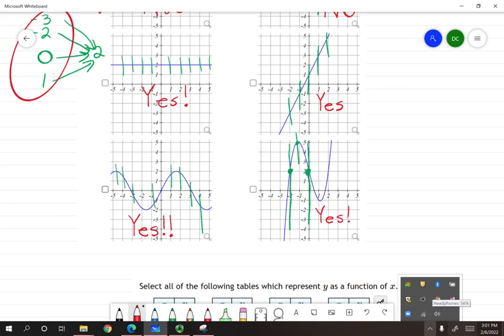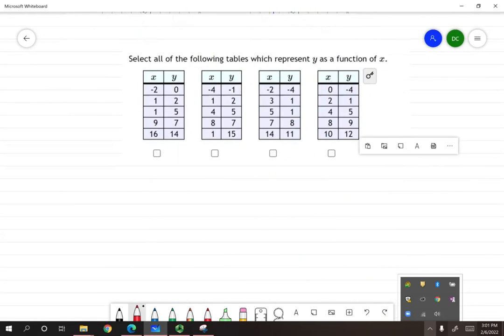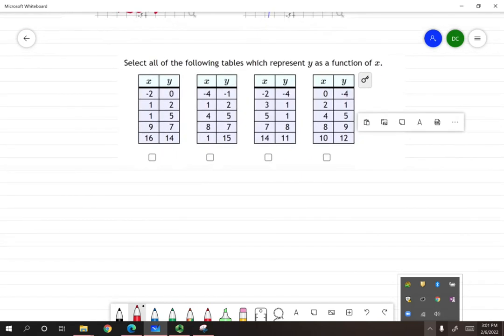In addition, you will have to go and do some work with tables. The short of it is, on your x values, and only the x values, whether or not something is a function is only determined by what is happening with these x values.